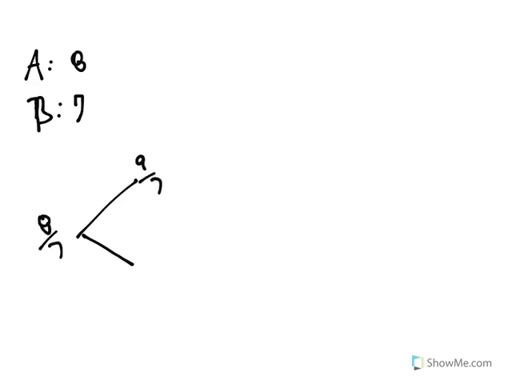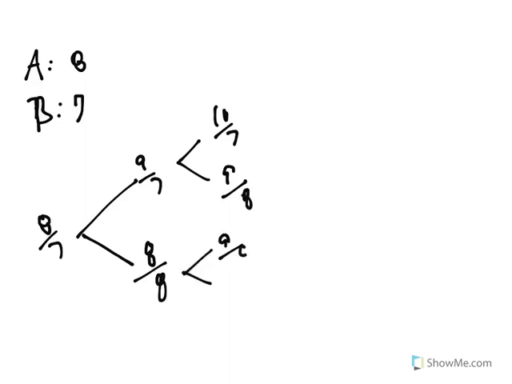Now there's going to be a shortcut, but to explain why the shortcut works, let's go back to the 8-7 situation. So it's 8-7, 9-7, 8-8, 10-7, 9, 8, 9, 8, 9, 9.